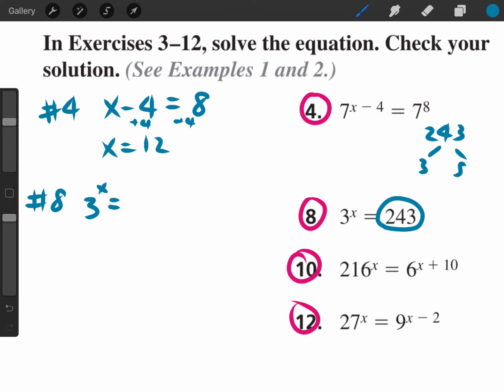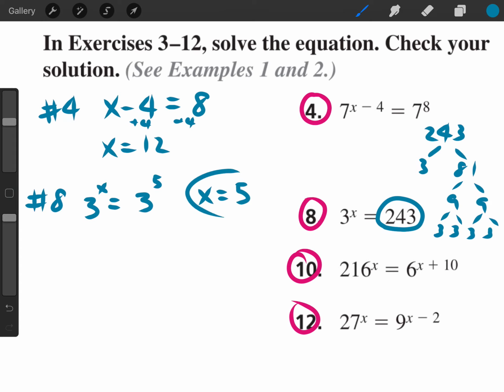That's 3 times 81, and then 81 is 9 times 9, and then 9 is 3 times 3. Which means that 243, you can rewrite as 3 to the 5th power. In this case, you can just compare the exponents, so x equals 5.